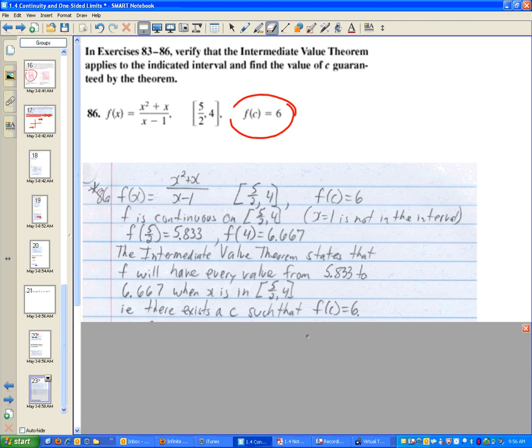All right, so all of that was for what I just underlined in blue.